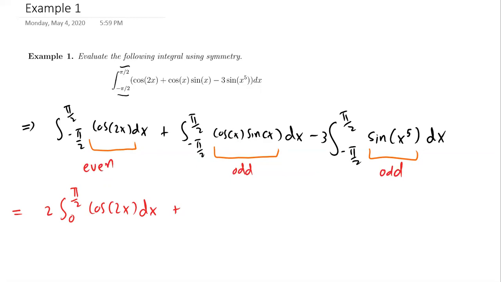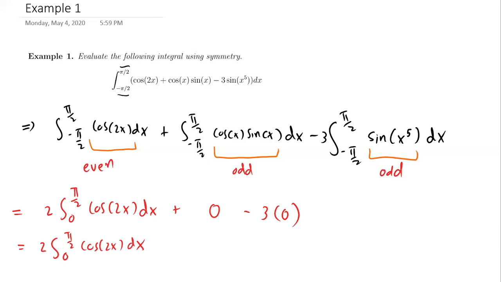So whenever you're integrating an odd function on a symmetric interval, that becomes 0 immediately. Minus 3 times, well, sine x to the fifth was another odd function. Whenever you're integrating an odd function on a symmetric interval, you get 0. So this whole thing basically simplified to twice the integral from 0 to pi over 2 of cosine of 2x dx. And everything else is 0.